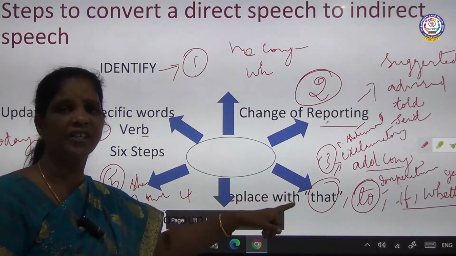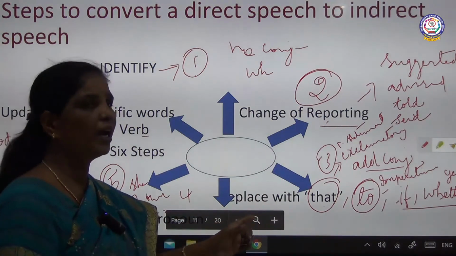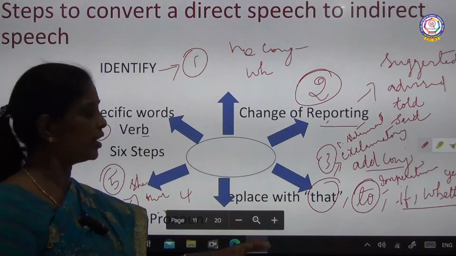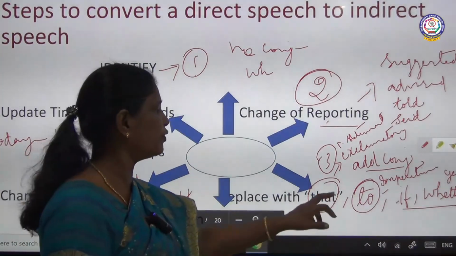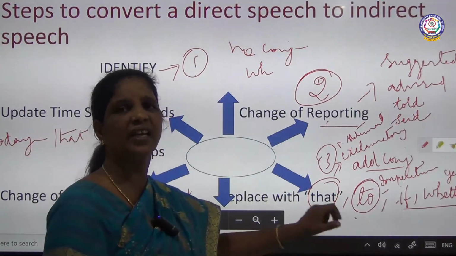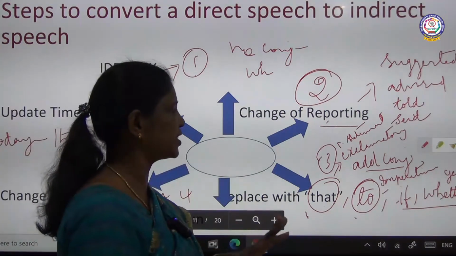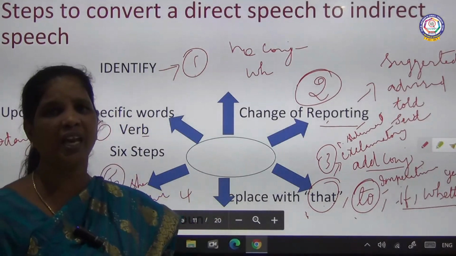If it is an exclamatory sentence or a statement, you will be adding the conjunction "that". And if it is an imperative sentence, then you will be adding "to". If it is a WH question, no conjunction for a WH question. You know, you will be saying that brinjal is an allergy for me.